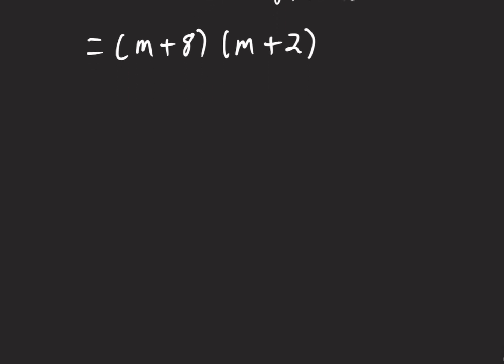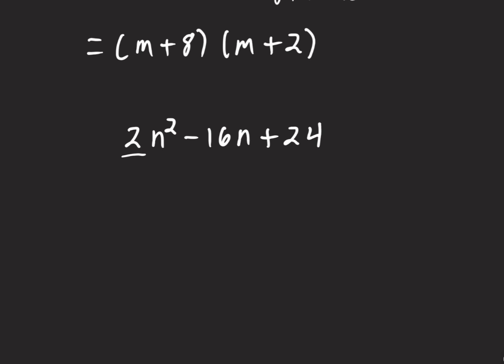For this next one, we have 2n squared minus 16n plus 24. Okay, so this right here is not a simple trinomial because that leading coefficient, our a term, is not 1.